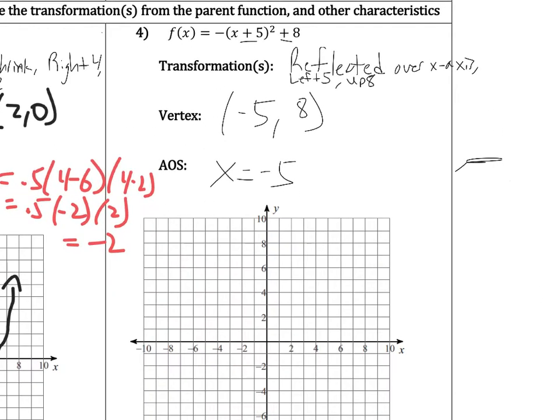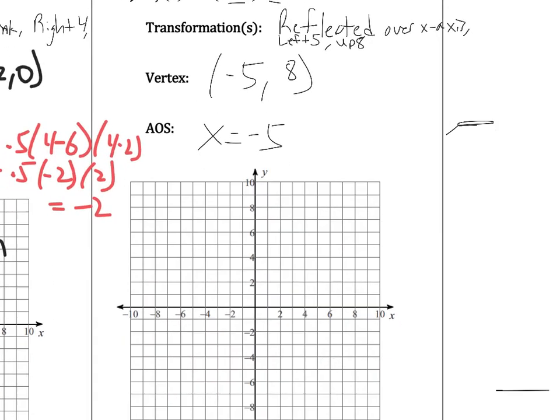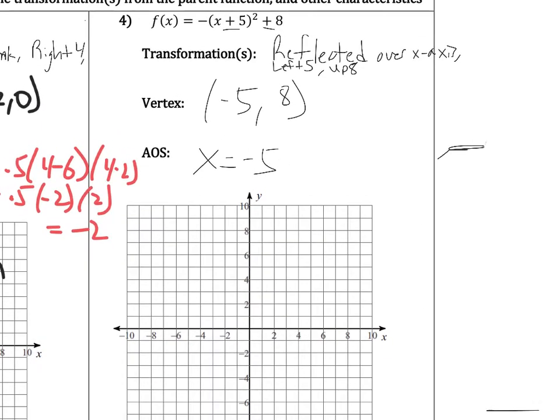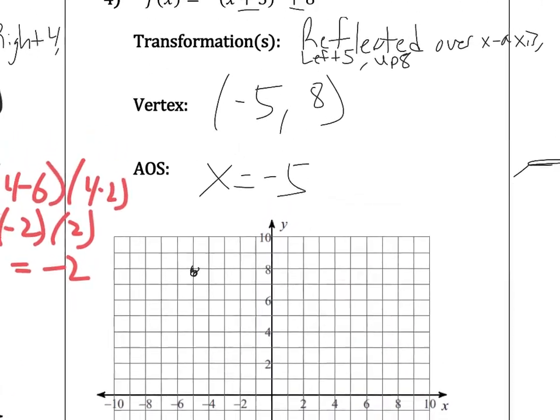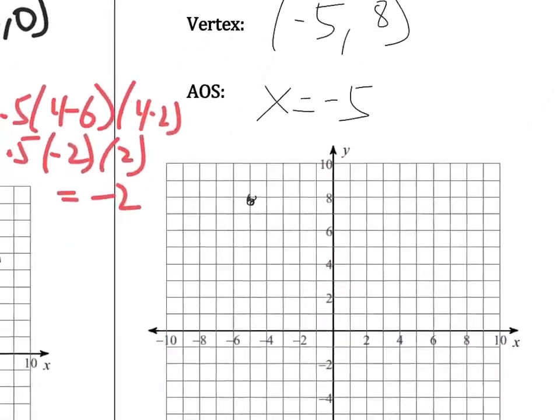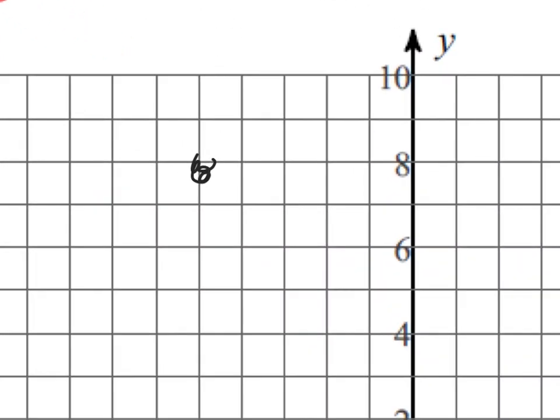Okay. So we're going left 5 and up 8. So it's going to be right about here. All right, our a value is -1. Okay, so we can find our other points here.